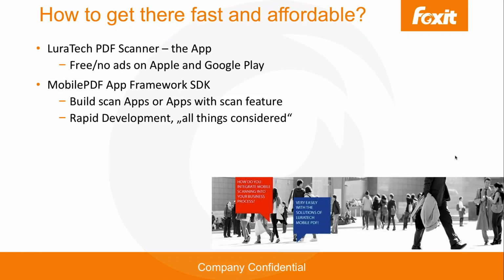It's a high-level framework. It's an SDK that needs only a couple of days to allow you to have this extra menu item for scanning, or your own scanning app out in the market with your own branding, with all the document imaging it needs to get the quality right at the source. Offer that to your end users, very easy, and you get images that you can process automatically.